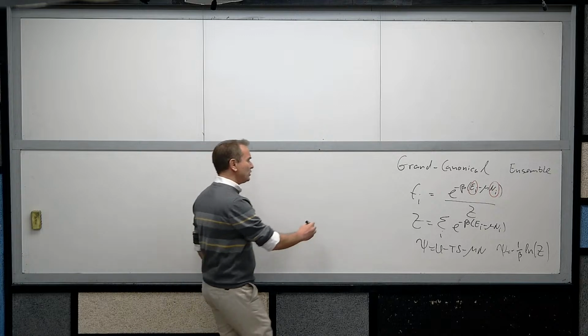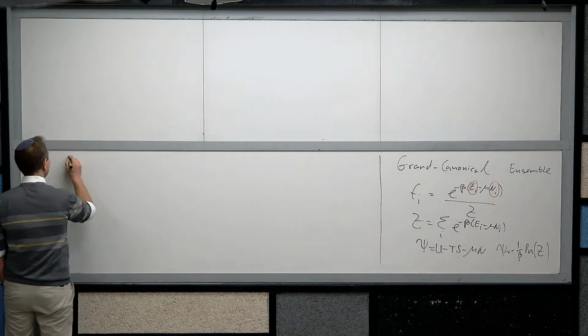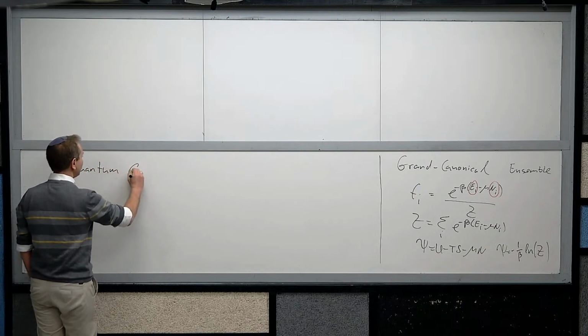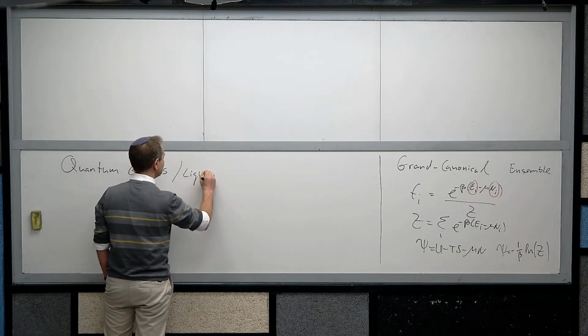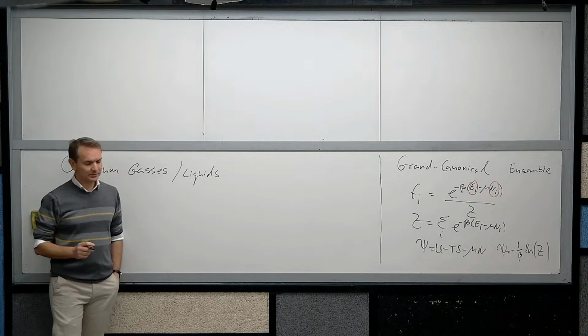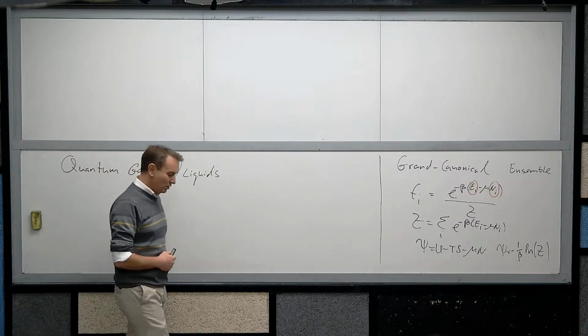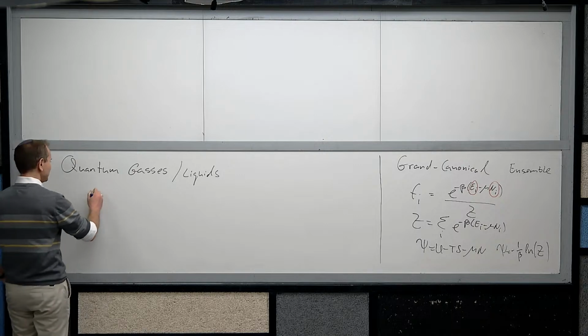Now we're going to use this grand canonical ensemble specifically for the case of quantum gases and liquids. We start with a very simple example: we have three different energetic states.